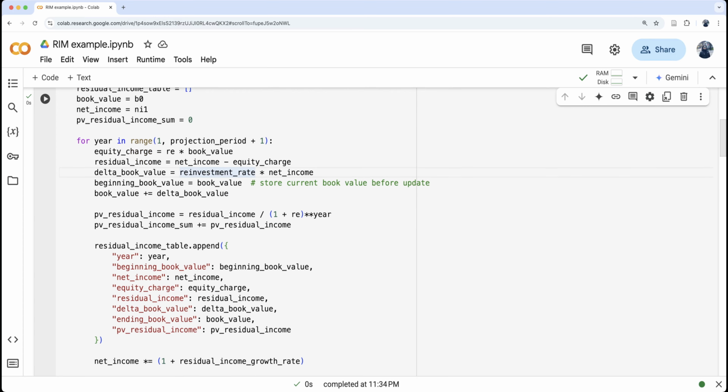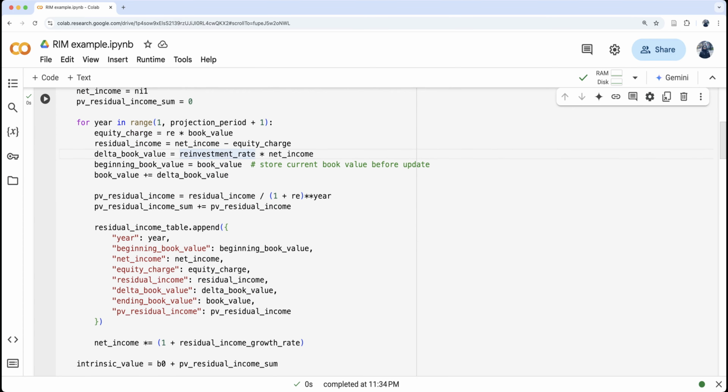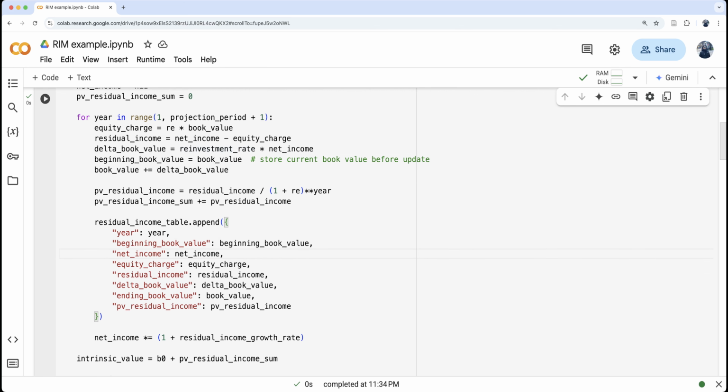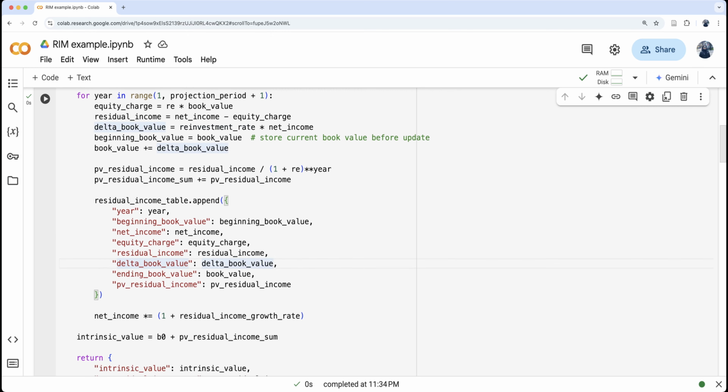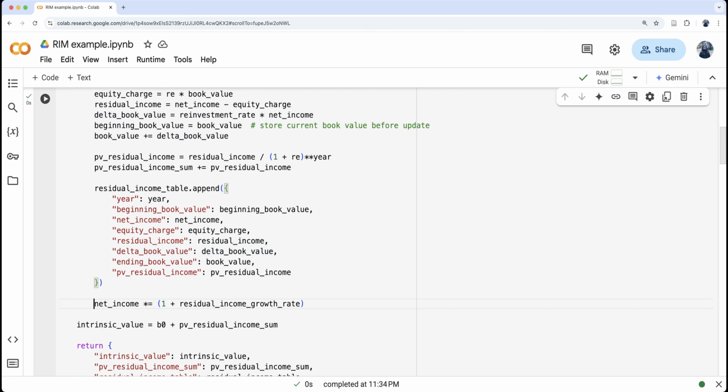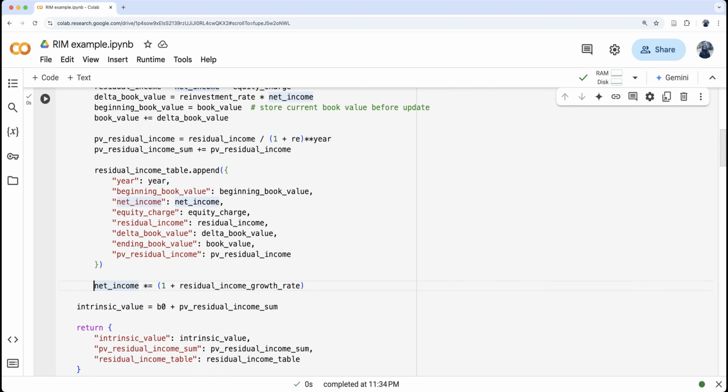The output is appended to the residual income table: beginning book, net income, delta book value. Net income is then multiplied by 1 plus the residual income growth rate, the growth rate of net income.